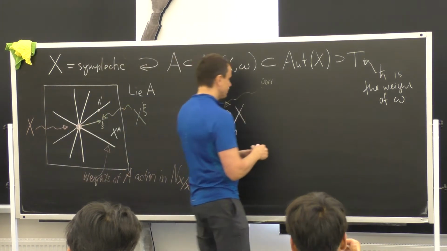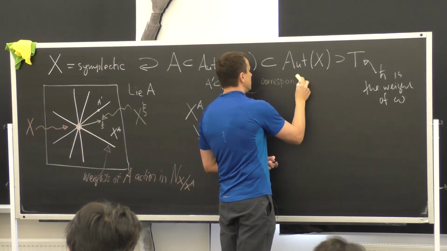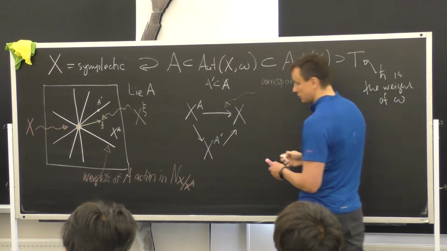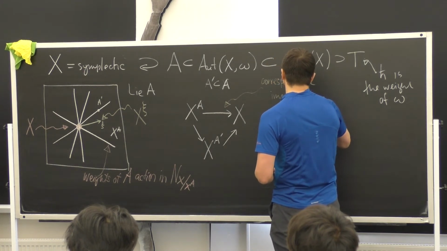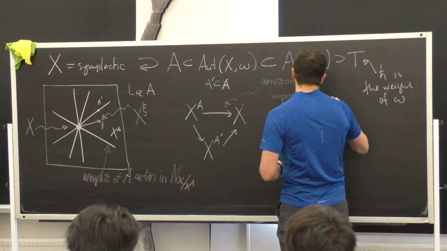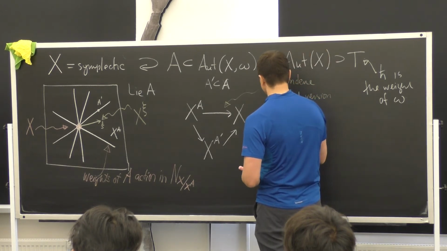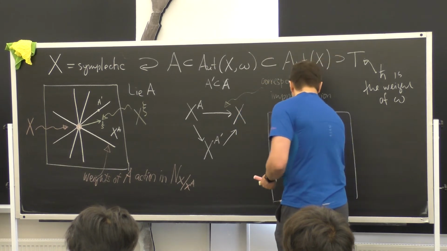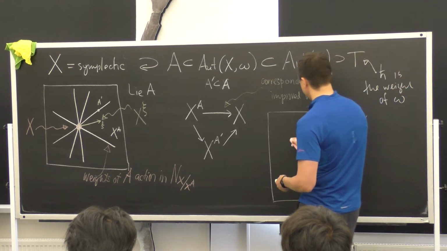So this is the correspondence, which is an improved version of the attracting manifold. Again, we had this picture yesterday. We have all of X, and we have the fixed locus.